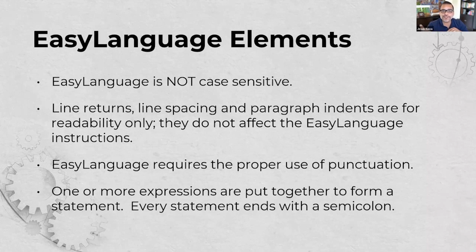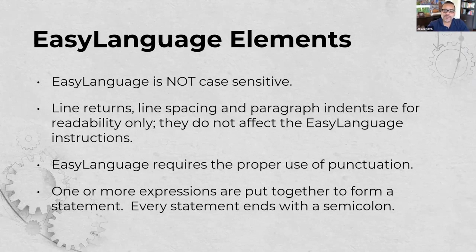And here's the first grammar rule of EasyLanguage. Every statement ends with a semicolon. Every time you want to end a statement, you have to finish it with a semicolon. In regular English, in order for you to finish a sentence, you use a period, right? That's a signal that you've ended the statement and you're going to go on to a different sentence.